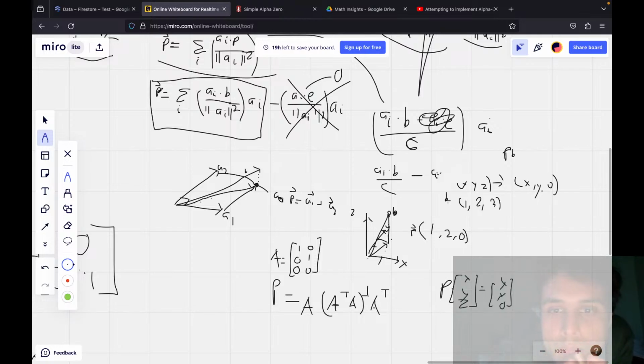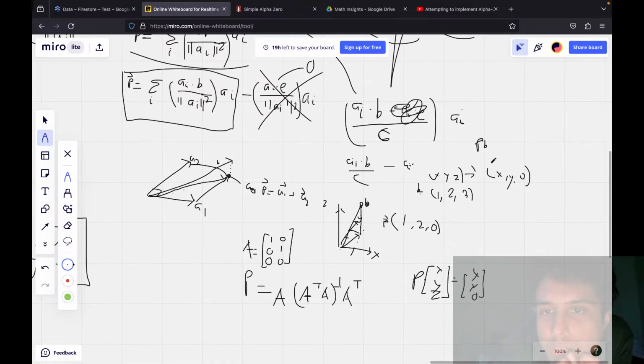It's visually pretty obvious: if we have xyz and we project onto xy, we zero out the z component, we're left with the projection of B onto x and the projection of B onto y, and we just sum them together. We take a step here, take a step there, and bam, that gives us P.